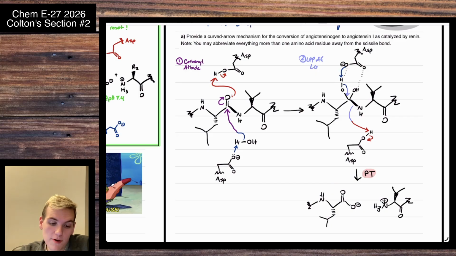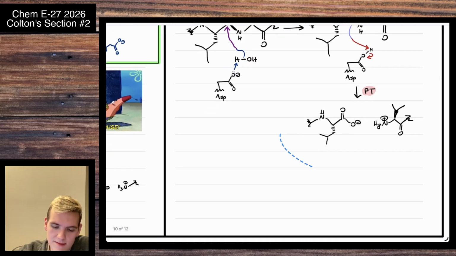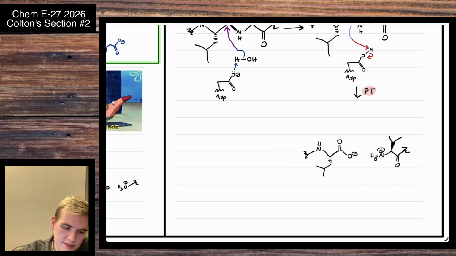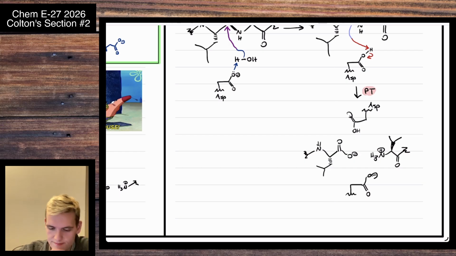So one thing I personally like a lot, I should draw, the aspartate residues. So on the top, we've reset the acid, and on the bottom, we've reset the base.